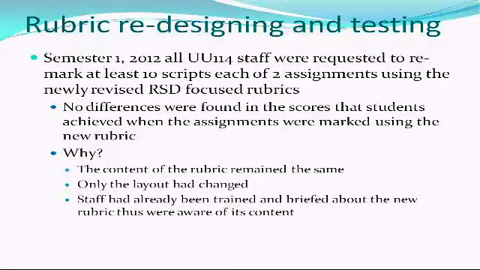And we marked assignments using both marking criteria, but because the content of both was the same, we didn't find many differences in the scores that the students had. The reason was, as I mentioned, the content remained the same, it was only the layout which had changed. And because the staff had already been mentored, they were already aware of how to mark, so there wasn't much difficulty in them using it. So this is what it looks like now.